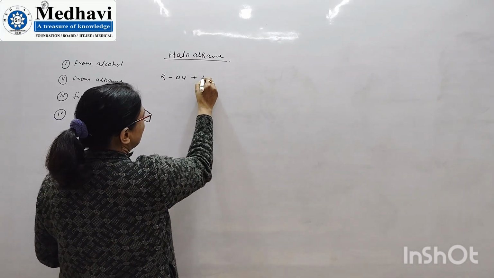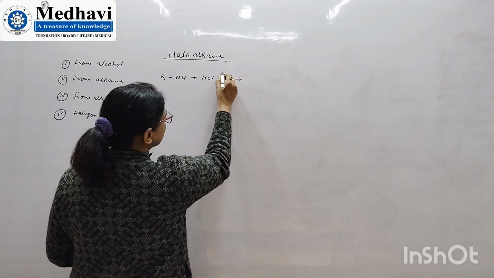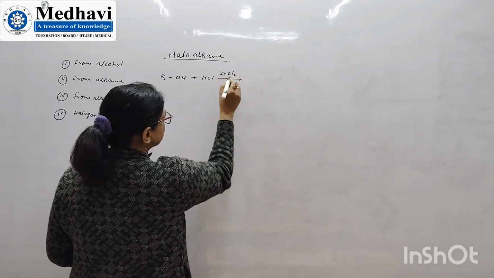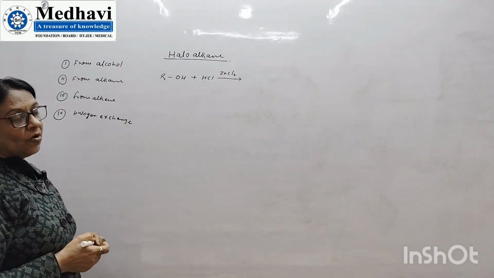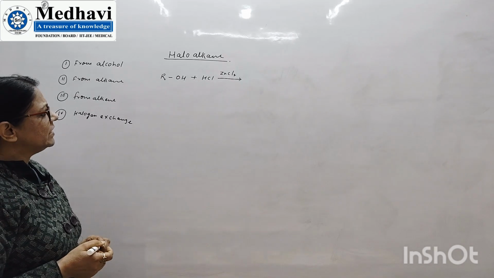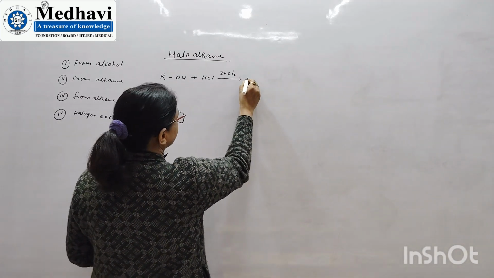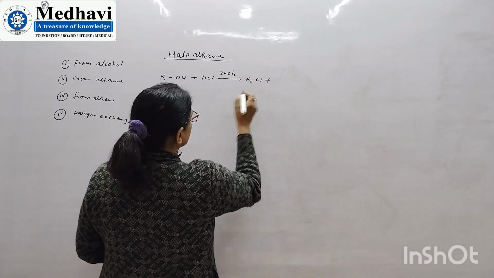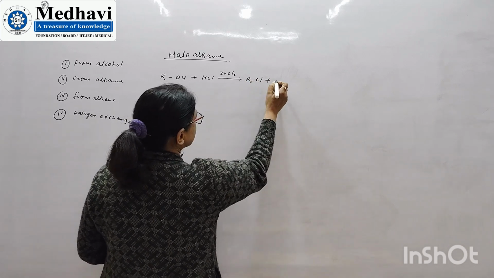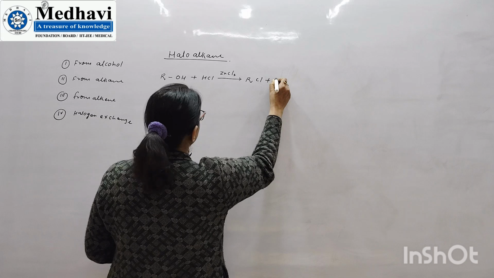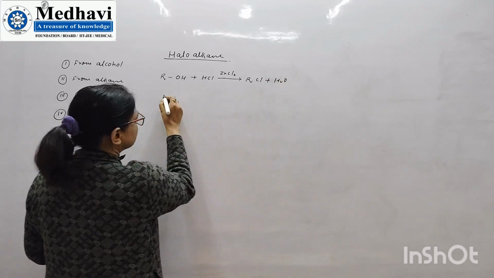When alcohol is treated with concentrated acid, in this case haloalkane, or we can say alkyl halide, plus water is formed.